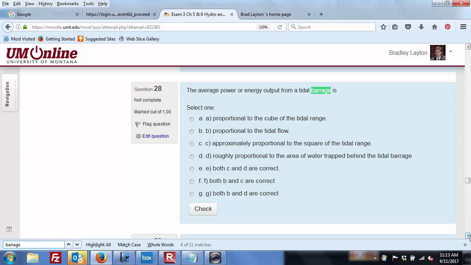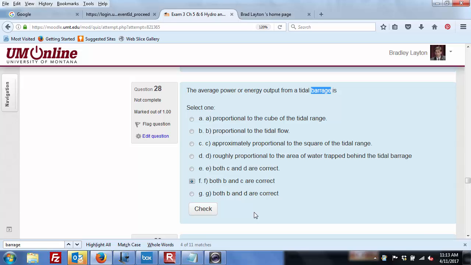And then roughly proportional to the area of the water, the average power. Well, the area is going to affect the energy, but not the power. Then it says the average power or energy output.